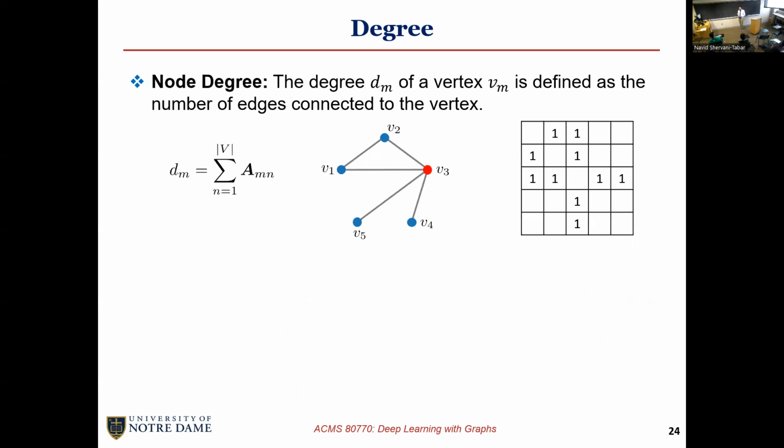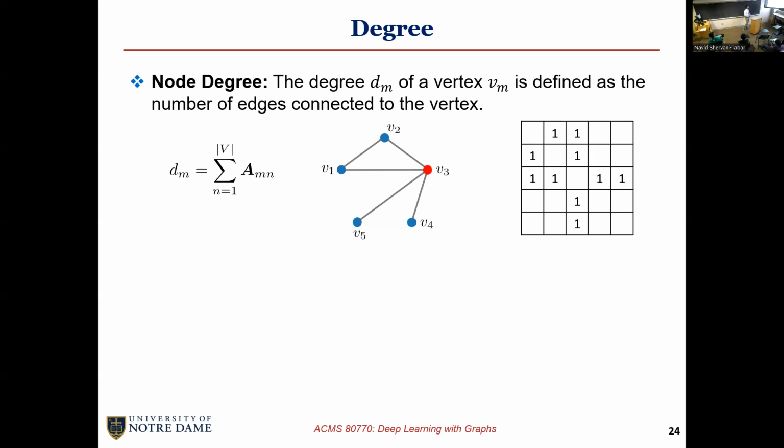Another important concept is degree. Degree of each node means the number of incident edges to that node. So for example, here, look at node 3. Node 3 has 1, 2, 3, and 4 edges connected to it. We can compute this by just looking at the adjacency matrix.